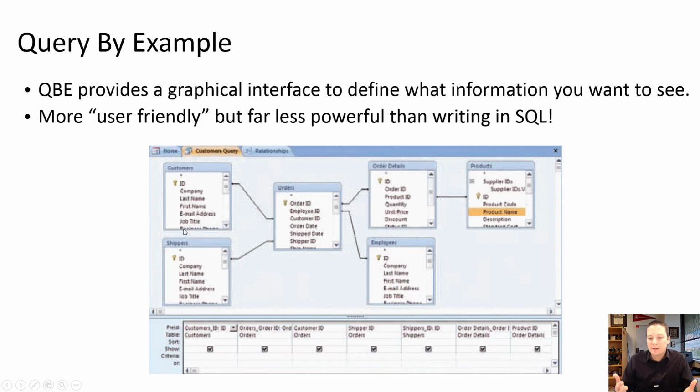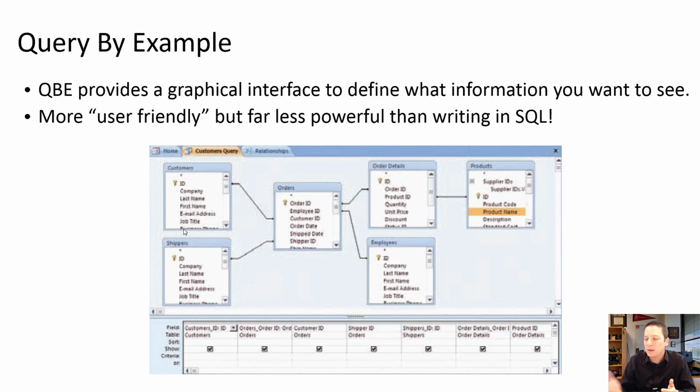So one of the nice features about Access, really it's kind of a blessing and a curse, is it has this graphical user interface called Query by Example. The blessing part of this is that Query by Example is a user-friendly interface for constructing SQL queries. However, the curse part of it is that this is not nearly as powerful as what you can do writing the SQL code yourself.